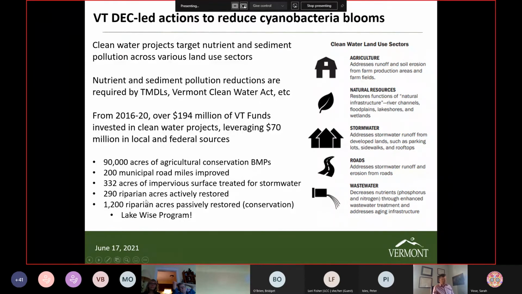There's a lot of restoration going on of riparian areas on streams as well as lake shorelines to reduce erosion and runoff from impervious surface in those areas. And then a lot of passive restoration, so putting land into conservation. And for those of you that live on the shorelines of lakes, there's also the Lakewise Program, which helps property owners near lakes implement lake-friendly practices.